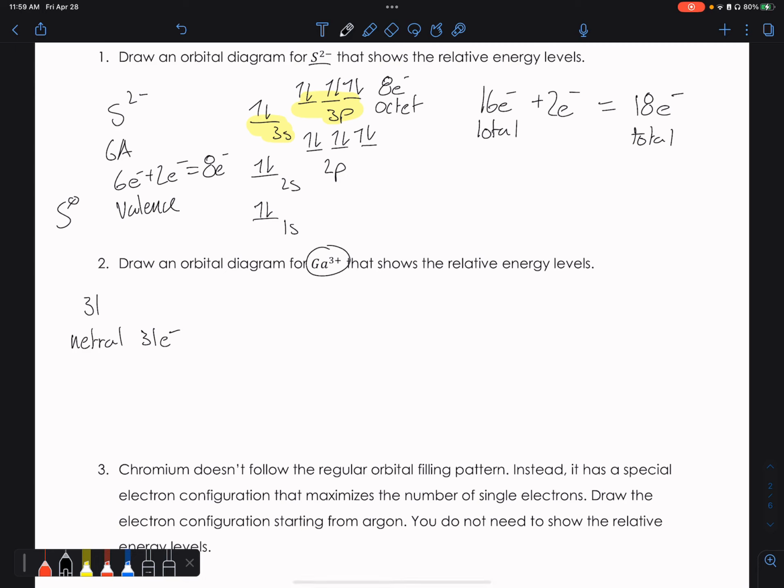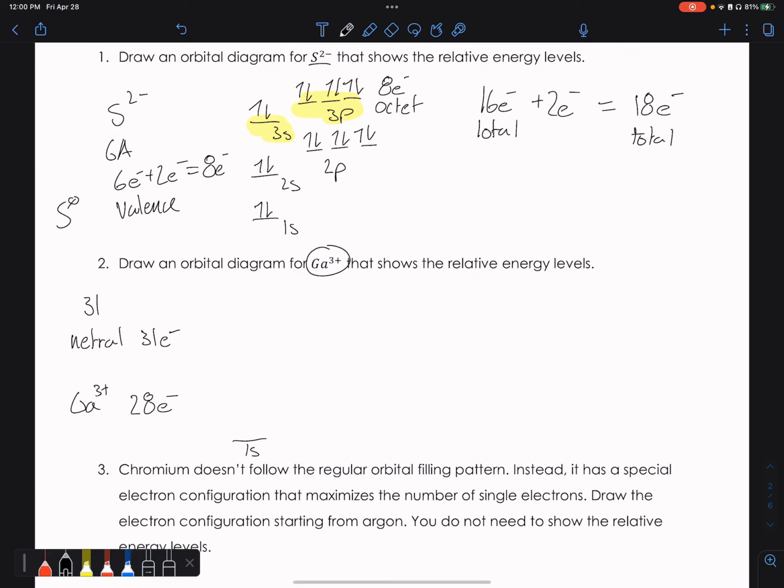But this is gallium 3 plus, so it will have 3 fewer electrons. So this is going to be 28 electrons.